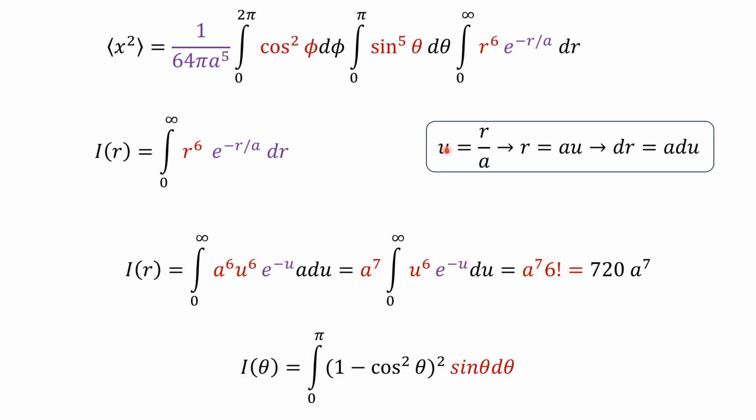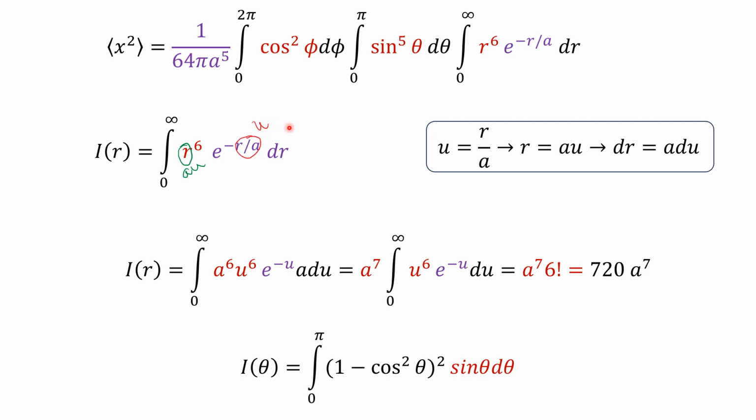Here, I have taken u as r by a, and that means r is equal to, if you bring this a to the left hand side, r is equal to au, then dr is equal to a du. You substitute all these things here. That is r is equal to au, and this r by a is equal to u.